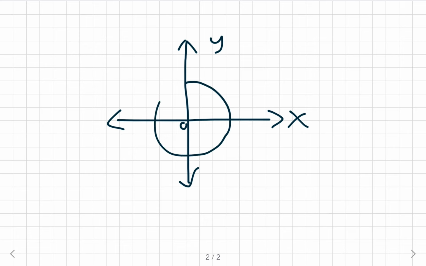Then at this point, the distance here is r, and the coordinates are cosine theta, sine theta. It's a unit circle, right? So the radius is 1, so r is always equal to 1.